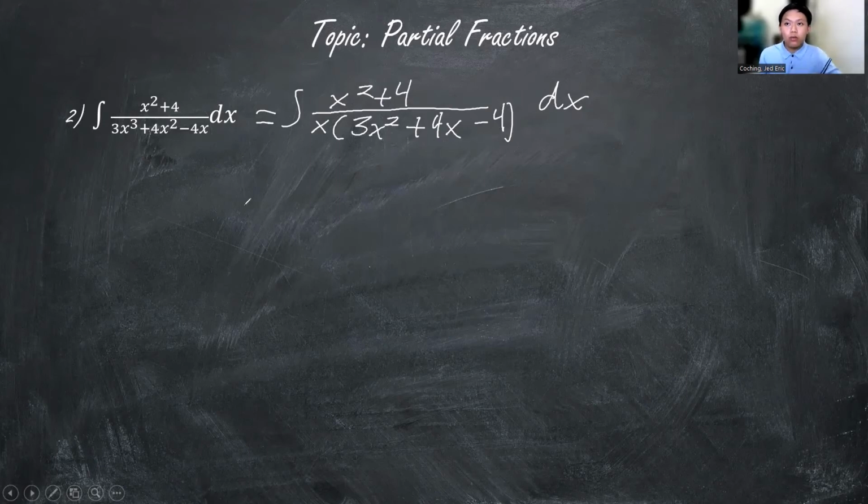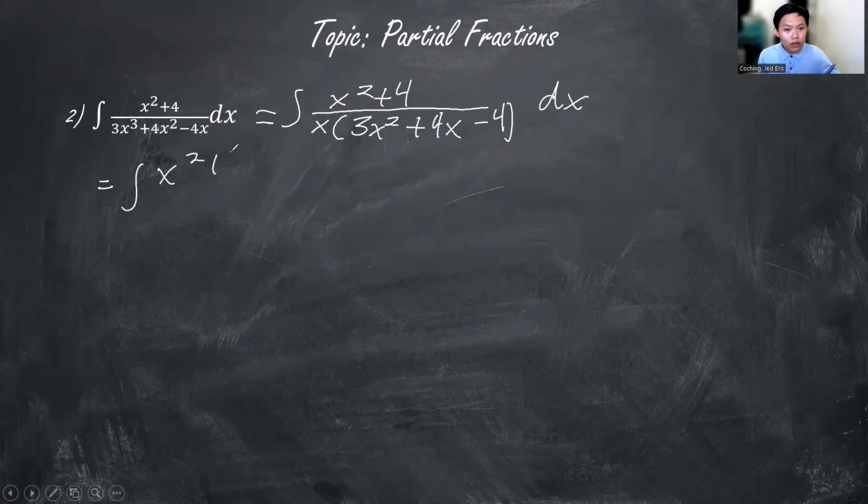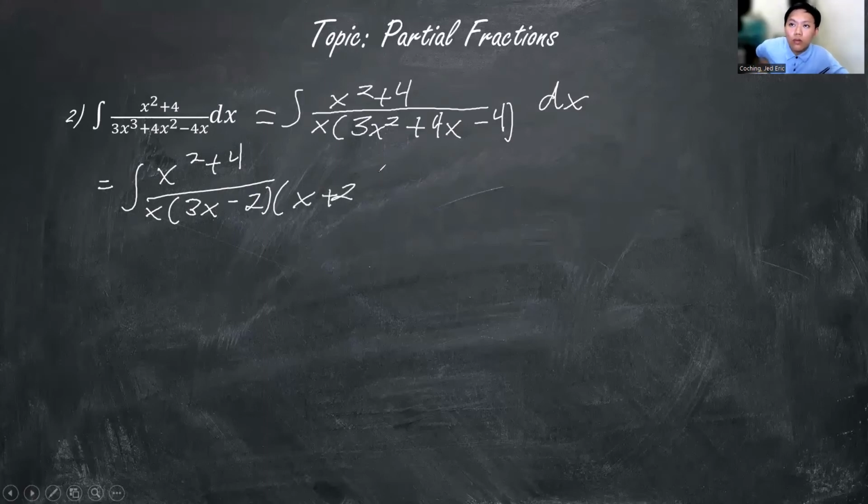Okay, so it's going to be x squared plus 4 divided by x, 3x minus 2 times x plus 2 over dx.